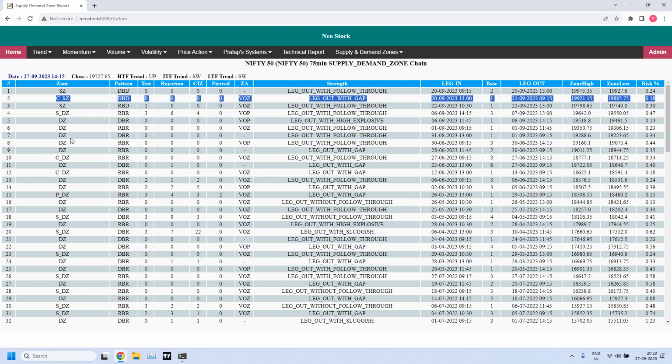That's why the lifespan of these high liquidity zones is small, for a small period. You cannot expect these zones to hold for a long period. Never forget this point.